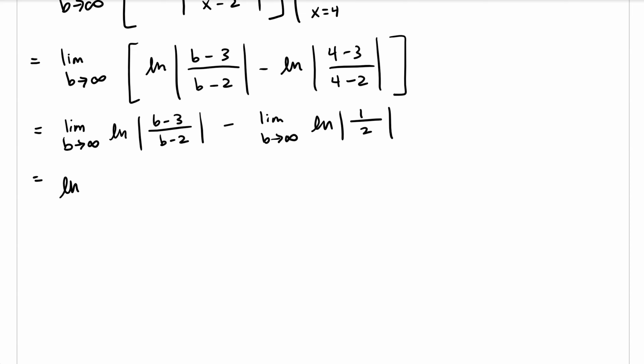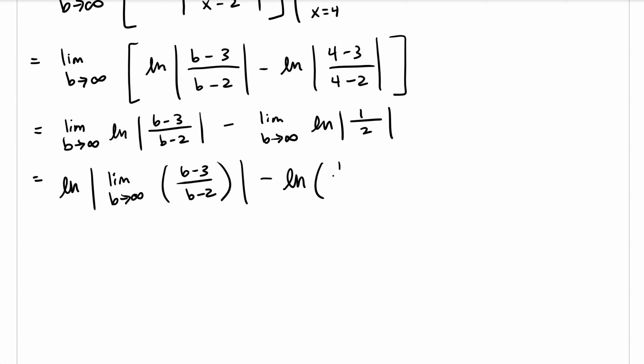So this is equal to the natural log of the limit as b approaches infinity of b minus 3 over b minus 2. And we have the limit of a constant, so that's just going to be that constant. So we have minus the natural log of 1/2.